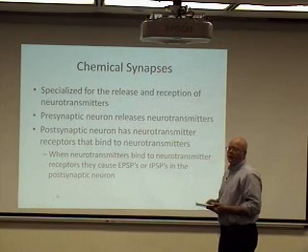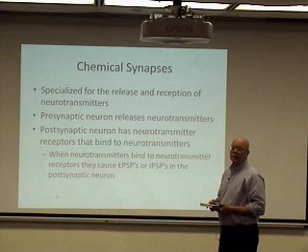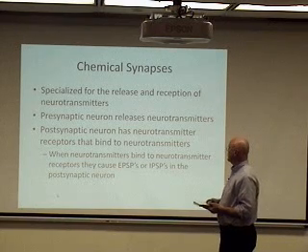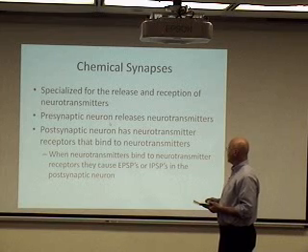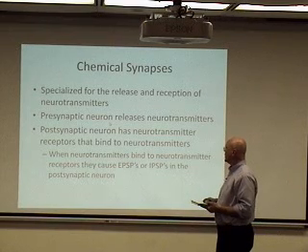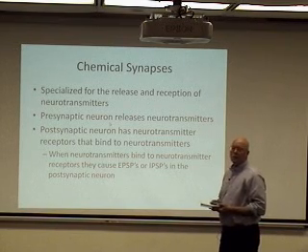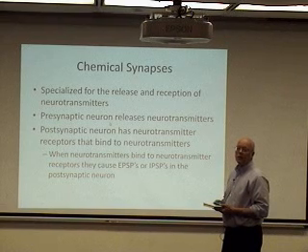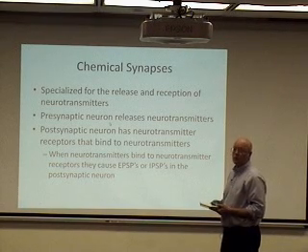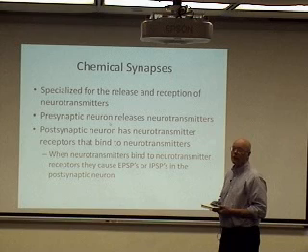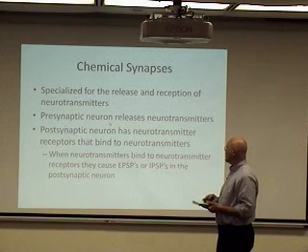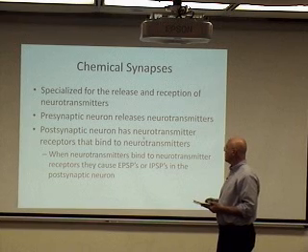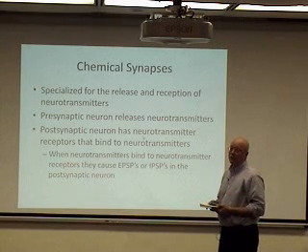The key molecule at that synapse is going to be a neurotransmitter. What will happen is the presynaptic neuron will release the neurotransmitter. The neurotransmitter will cross the synaptic cleft, the small space between the pre- and postsynaptic neuron. And the neurotransmitter will then bind to a neurotransmitter receptor on the postsynaptic neuron.